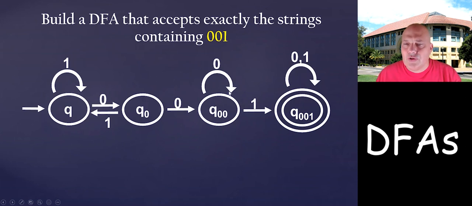And as long as you keep on seeing 0, you can stay put because it means that the last 2 bits were zeros. Now, if you see a 1, you're going to move forward to Q001 because you just saw the string 001, and you're going to stay put because this means that you've seen the string 001.